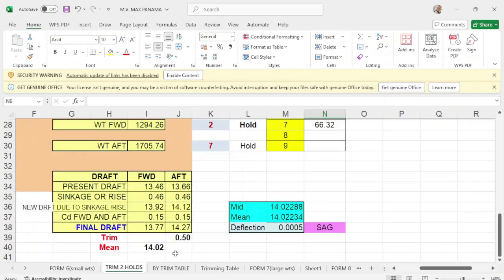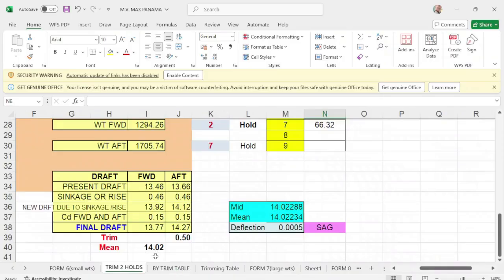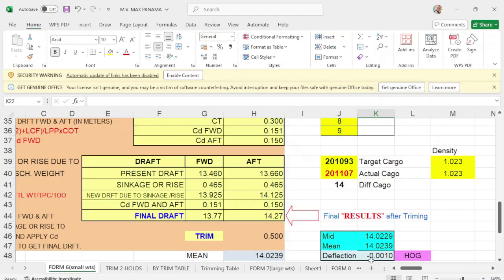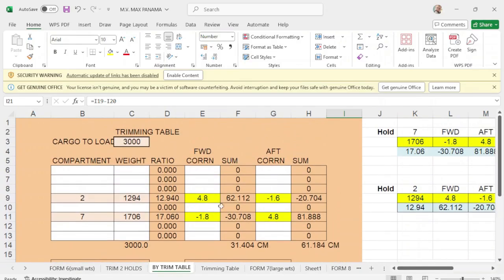Your trim is 50, and your mid drop is 1402. Deflection is 0. Then we go to the trim table. You don't have to change this anymore, because we have already checked this before. Cargo to load now is 3000. Number 2 is 1294, which is this one.